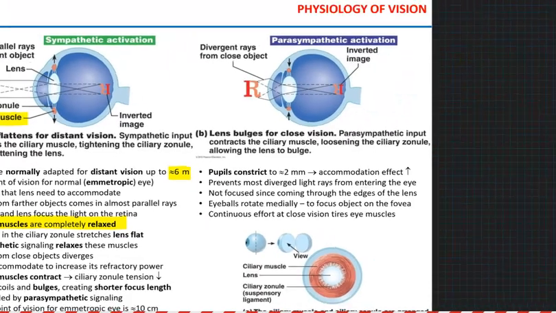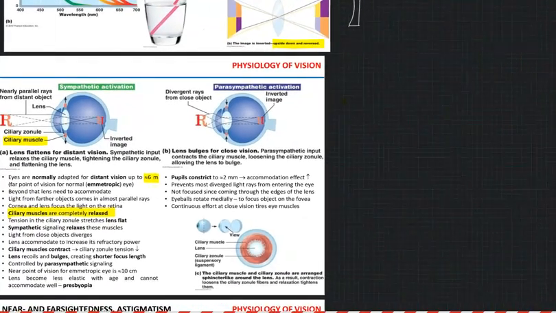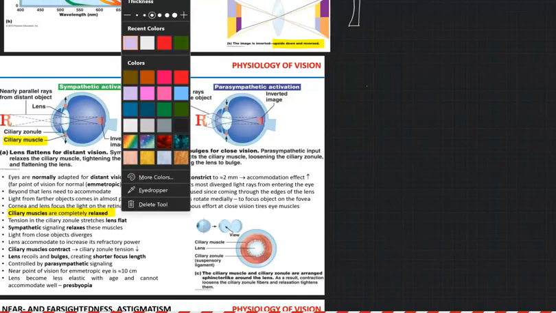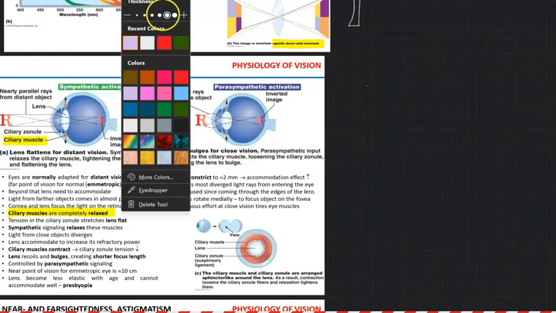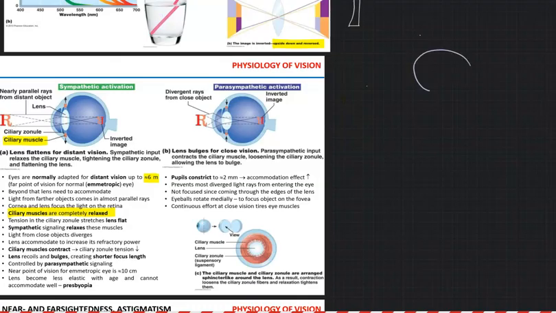Let me try to draw it, actually. I'm going to use this color. So take a look. So this is the lens. This is your ciliary muscle.